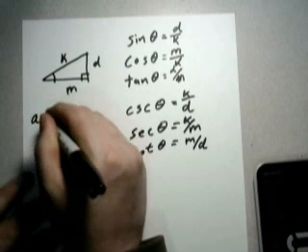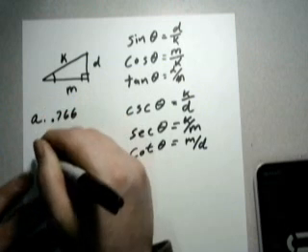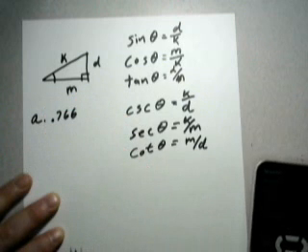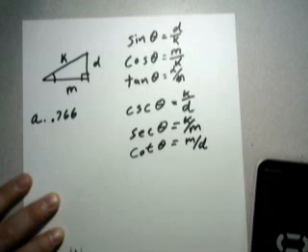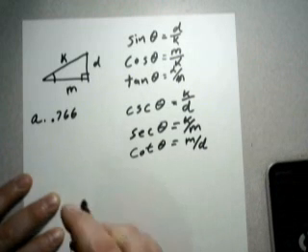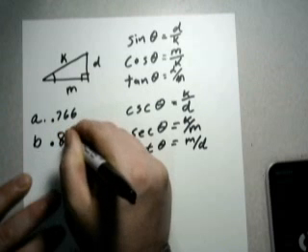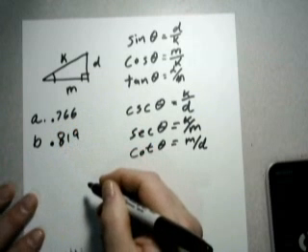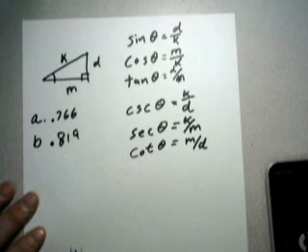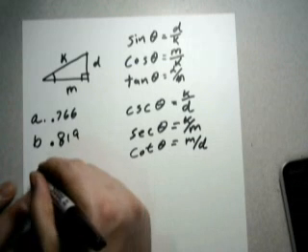So A is 0.766. Cosine of 35 is 0.819. So B is 0.819. And then we have tangent of 40. So tangent 40, 0.839.